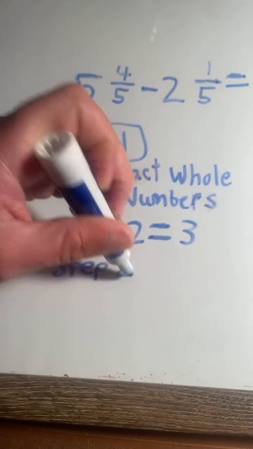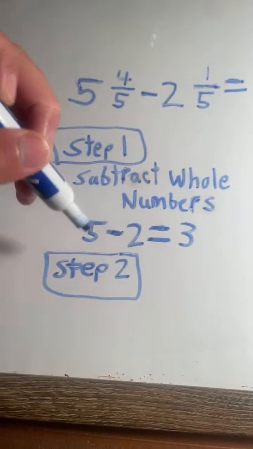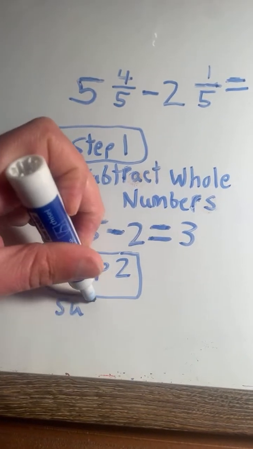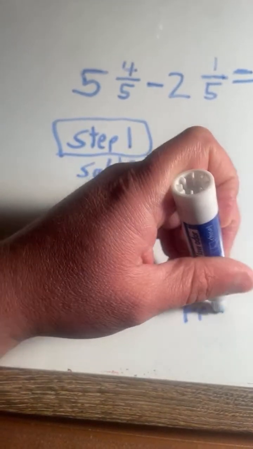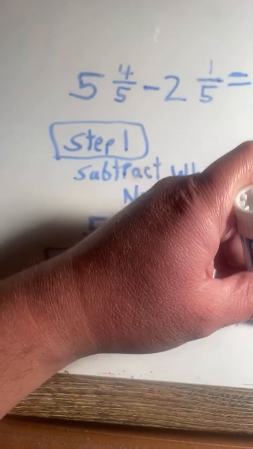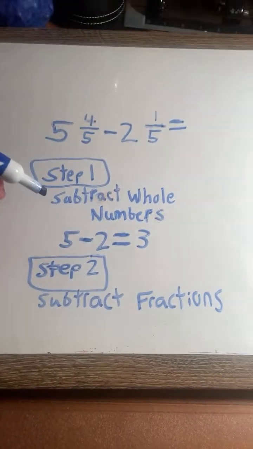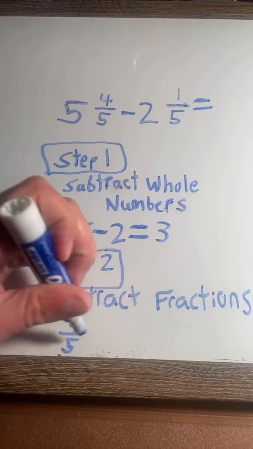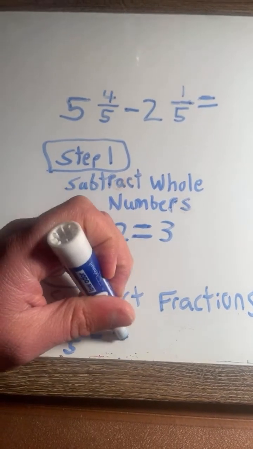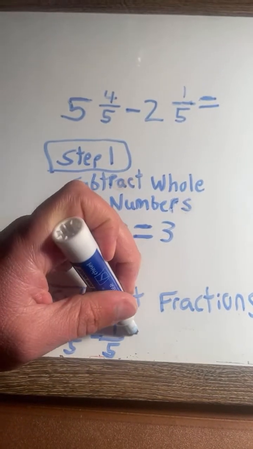Step 2. We subtract the fractions. So 4/5 minus 1/5.